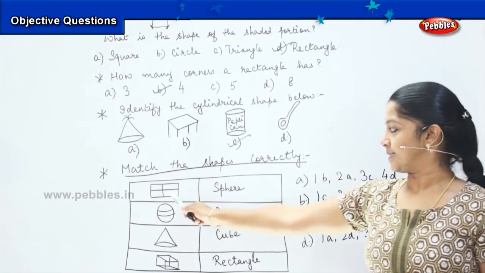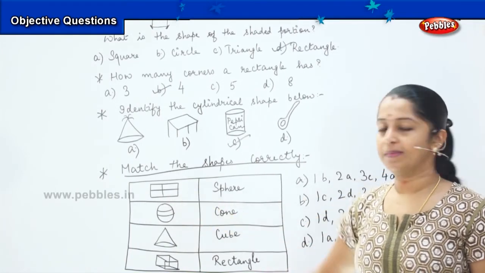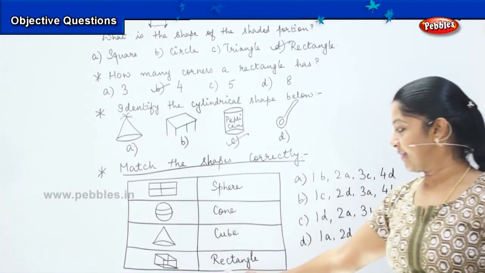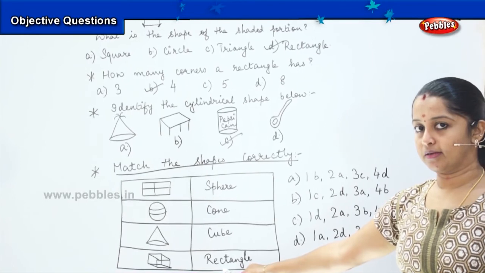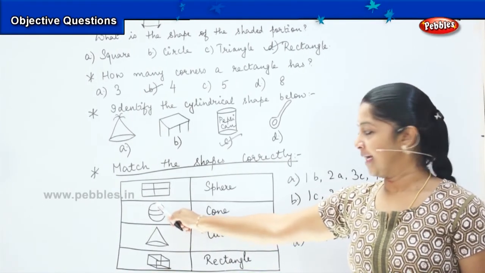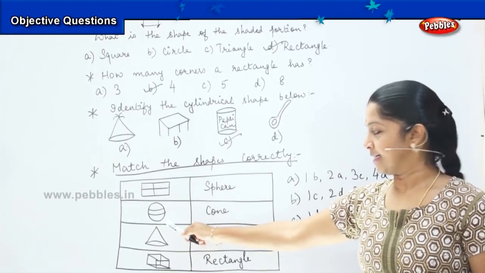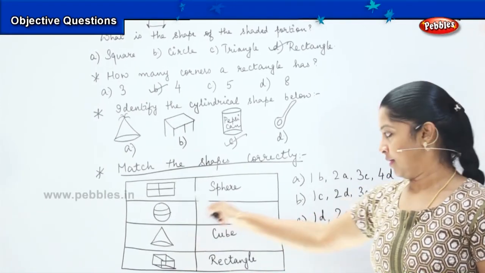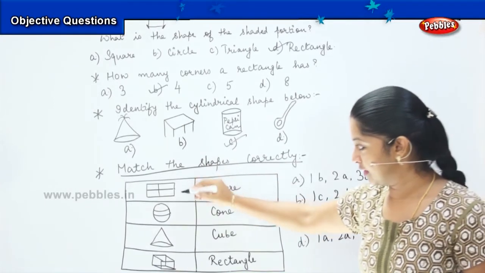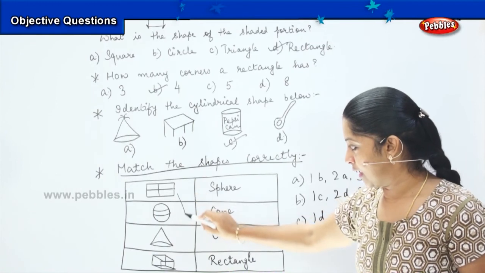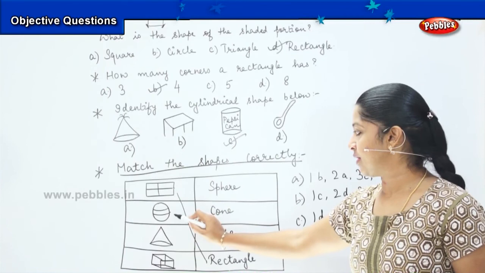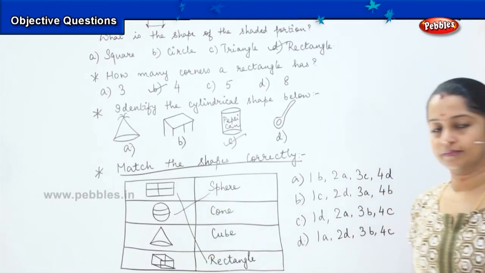So what shape is this? This is a window. And what shape is this? It is a rectangle. So the rectangle I have given as option D. Yes? What shape is this? It is a sphere. It's a ball and it's a sphere. And where is sphere written? The first option. Yes? So sphere I will be matching with the first one.